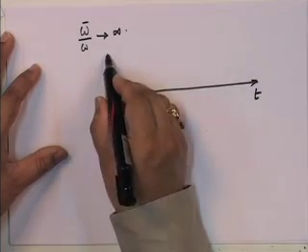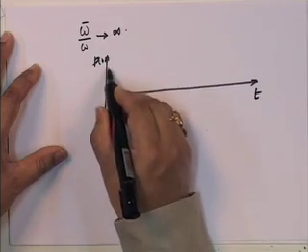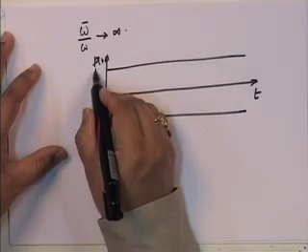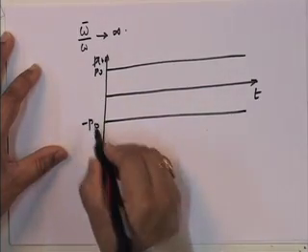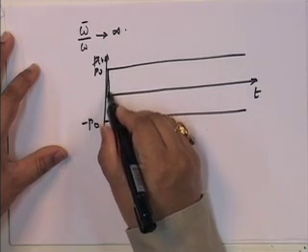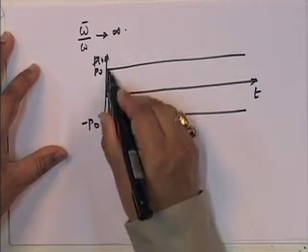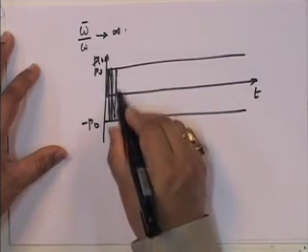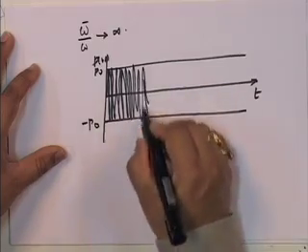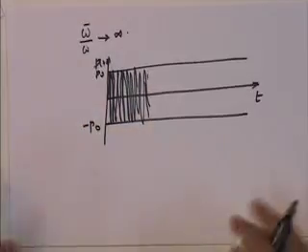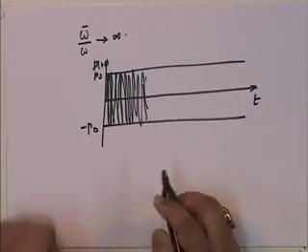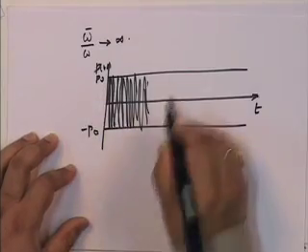This is t, this is P of t, P naught, minus P naught. This is what is happening. I am not going to draw it, but what we are saying is that omega bar, the excitation frequency, is very high.